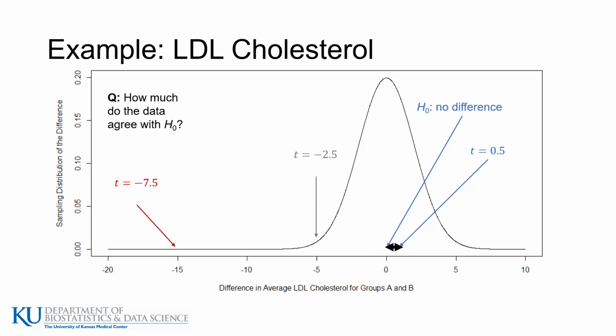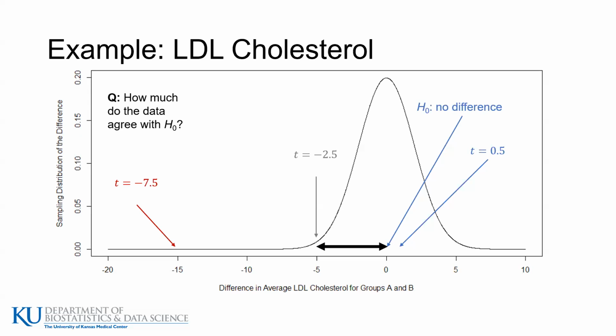So this is interpreted as the difference in sample means that we observed is only 0.5 standard deviations above what we would have expected if there was no treatment effect. So this data is pretty much in agreement with the null. So we will probably fail to reject the null in this case and conclude that there's no evidence of a treatment effect.